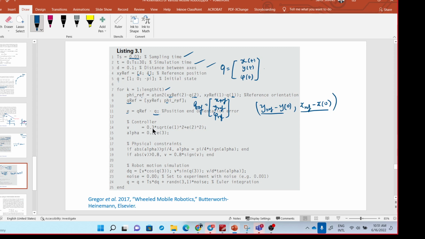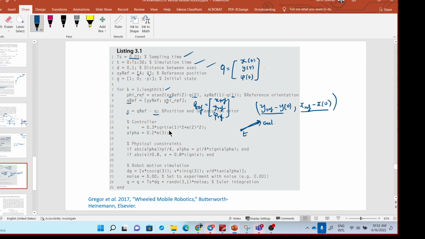V equals k times the distance. Okay, distance based on this error. This error is in terms of a vector. So the error vector from the instantaneous position to the goal, and then the distance is the norm of the error.